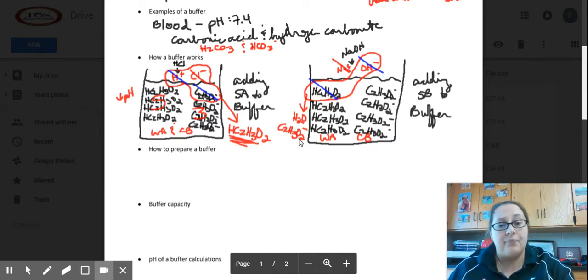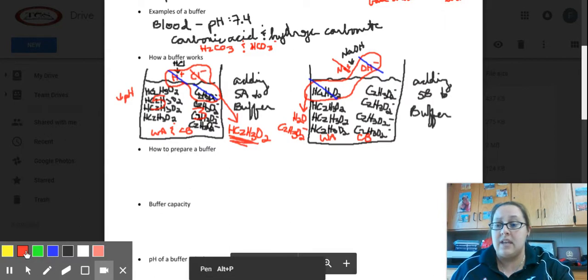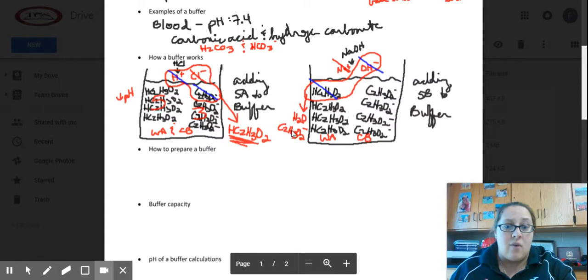So now I have neutralized my base, my invader that's coming in, and I've done that using my weak acid to react. What will happen to the pH? Well, because now I have 1, 2, 3, 4, 5 conjugate bases for every 1, 2, 3 weak acids, my pH is going to move up just a smidge.